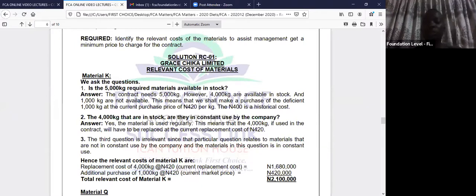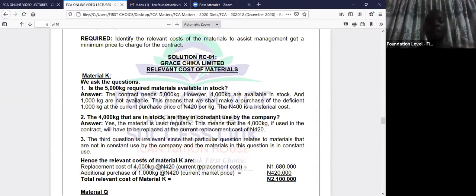Everything will give you 2,100,000. So you will be buying the whole 5,000 kg that you require, and you will be buying them at 420 naira. But we'll split it for the sake of analyzing the relevant costs.